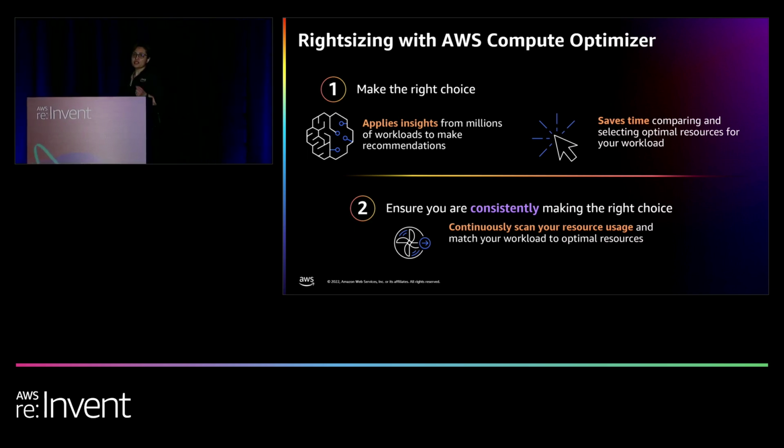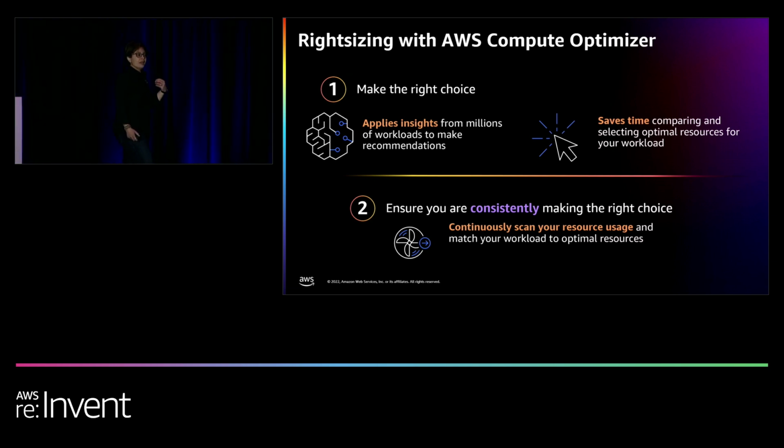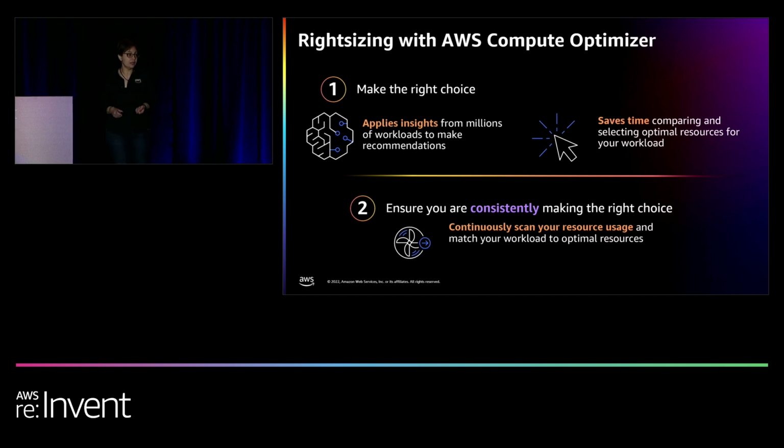The recommendation is not just the size and type, it also shows you how much you're going to save in a dollar value and a percentage. So you're aware, if you move to this instance type or size, how much value you're going to get out of it. The other thing Compute Optimizer also does is analyze performance. So let's say you've accidentally under-provisioned a resource, and it's heavily utilized, it cannot cope with the load.